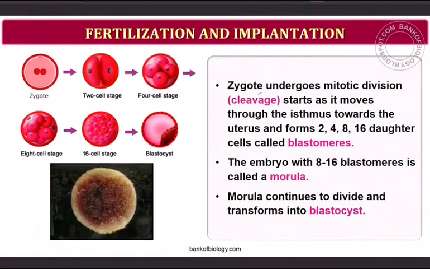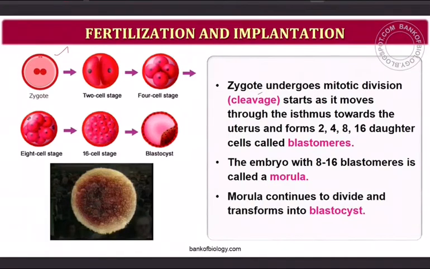And once the zygote forms, remember the zygote is a single cell, one cell only. The zygote starts undergoing mitotic division, that is, cleavage takes place. As the cleavage starts, it moves through the isthmus towards the uterus. The single-celled zygote, as you are able to see, divides first.